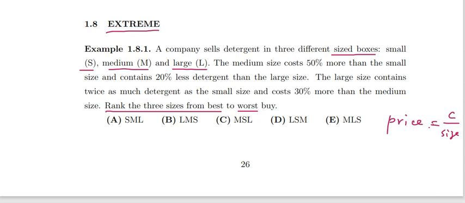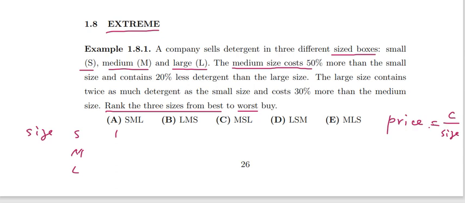So now let's consider size. We have a small size, middle size, and large size. We don't know the small size, so we can put small size as 1. Let's check the information. Here it says cost.